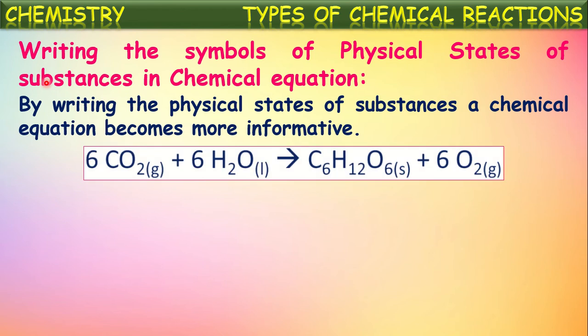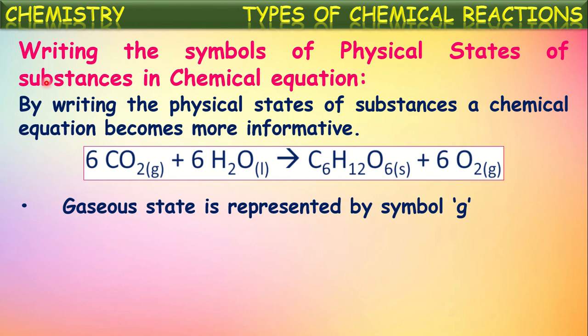For example, if you see this equation, we know it represents the photosynthesis reaction in plants, isn't it? In plants, carbon dioxide and water combine to form glucose and oxygen gas as products. Here, the gaseous components are represented in a chemical equation by using the symbol G in brackets.